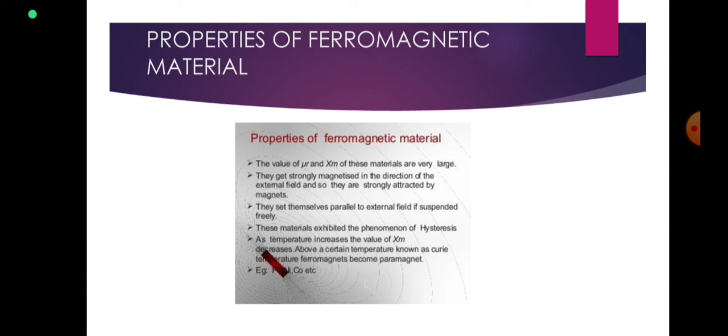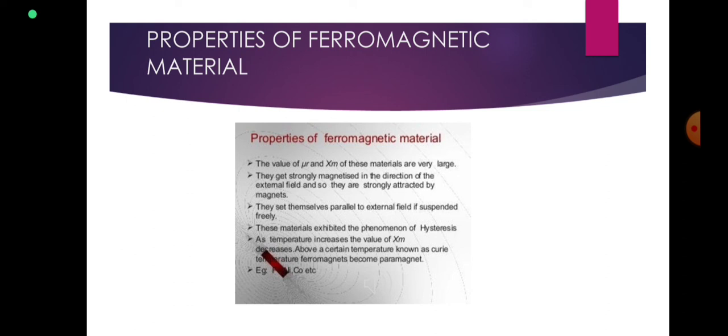Properties of ferromagnetic material. The properties of ferromagnetic material are: number 1, the values of μr and chi-m of this material are very large. Number 2, they get strongly magnetized in the direction of the external field, and so they are strongly attracted by magnets.